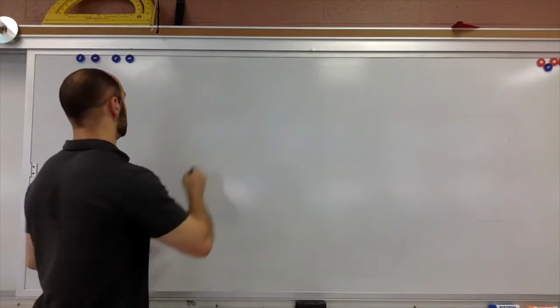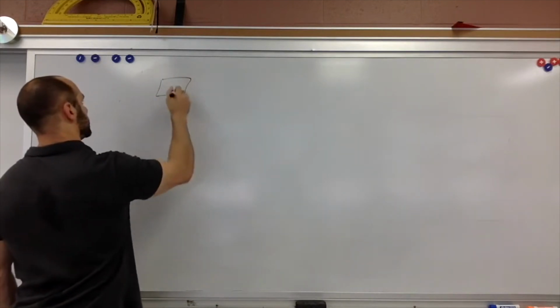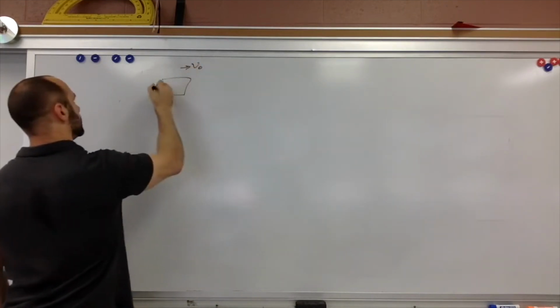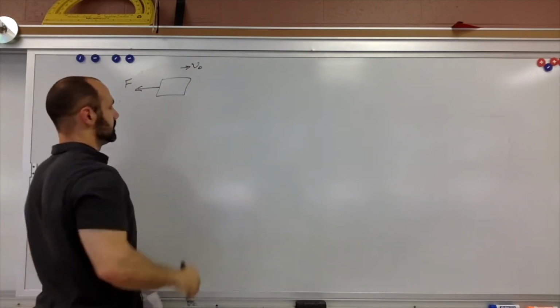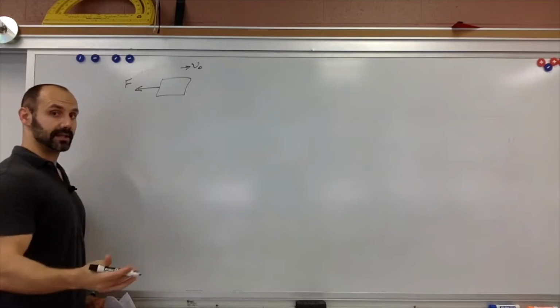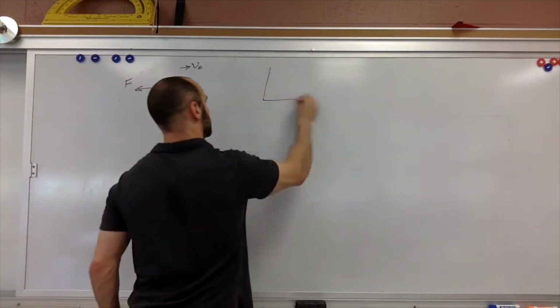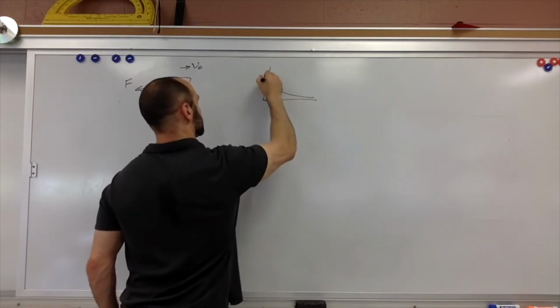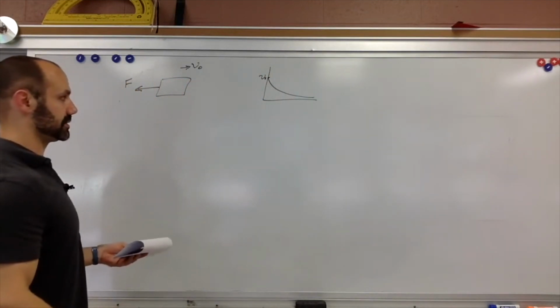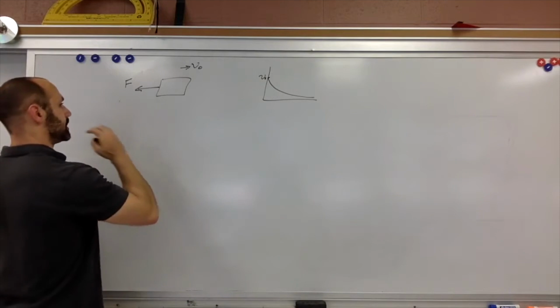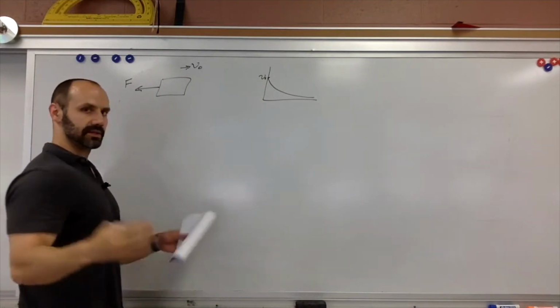Okay, so here's the idea. The block initially is moving this way, v naught, but there's this force on it. It's pushing it back that way and slowing it down. So what does the velocity graph look like here? It looks something like this. That's v naught, and v is approaching 0. That means that at some later time, it has 0 kinetic energy.